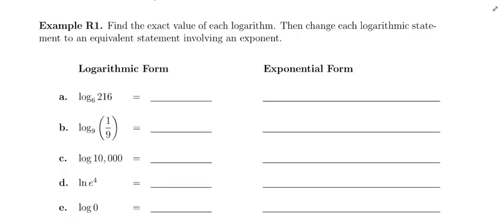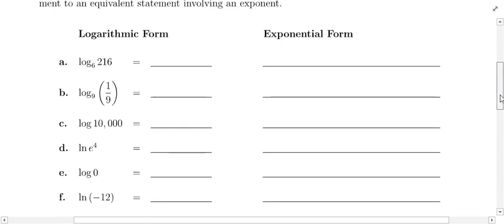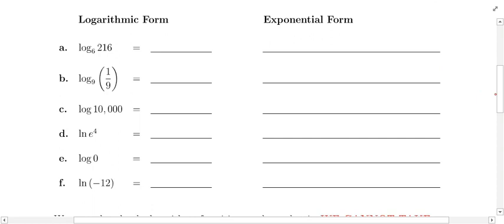At the top of page 2, in example R1, it says find the exact value of each logarithm, then change each logarithmic statement to an equivalent statement involving an exponent. Basically, I've got some logarithms that we're going to make sense of. There are two columns: a logarithmic form and an exponential form.